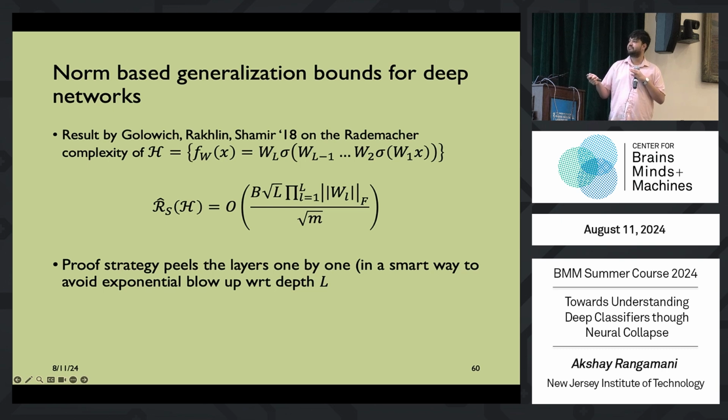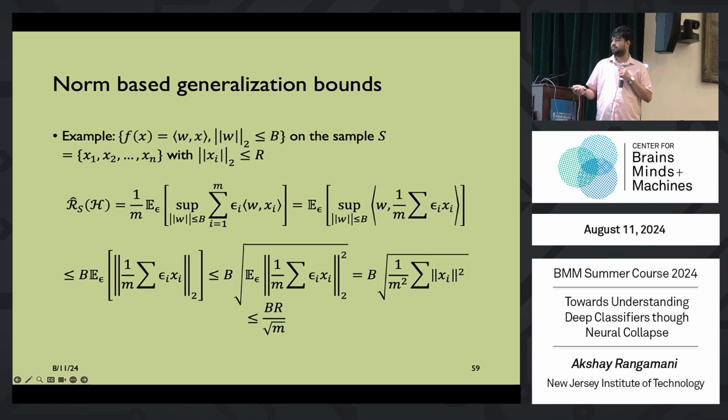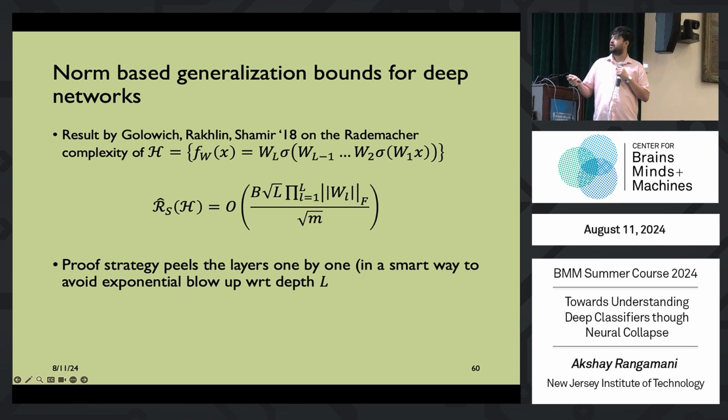Instead, you just have something that depends polynomially on the number of layers, on the depth. So remember in the previous slide we had b times r over square root m. You can see that looks like, here something switched over here. B here is the size of the data. I should have changed that notation, but so another factor that looks like norm times size of the data over square root m. Okay.